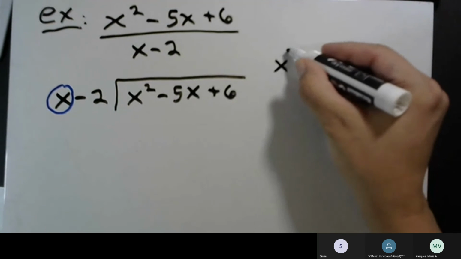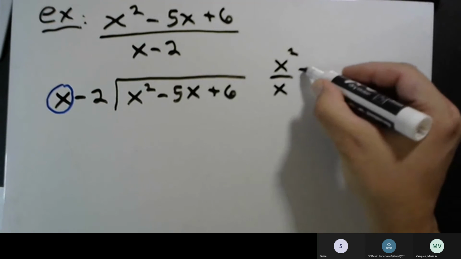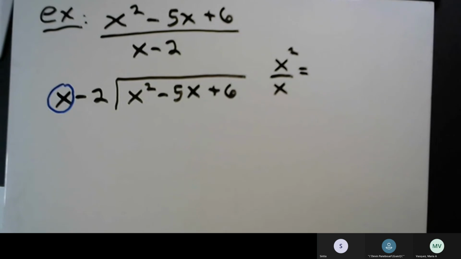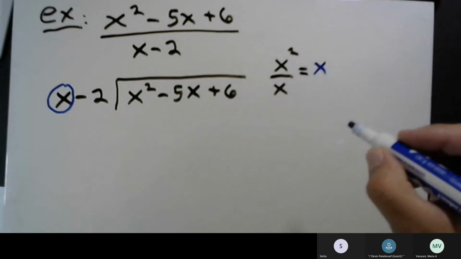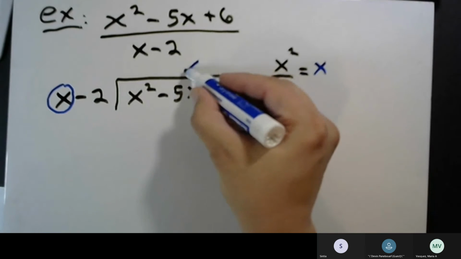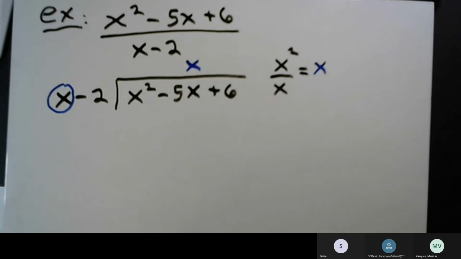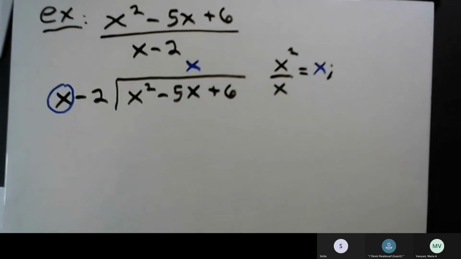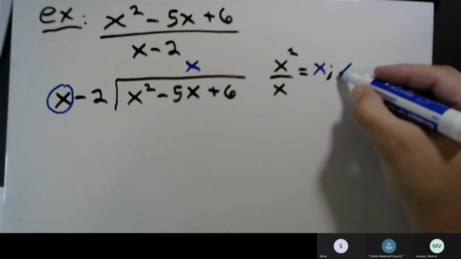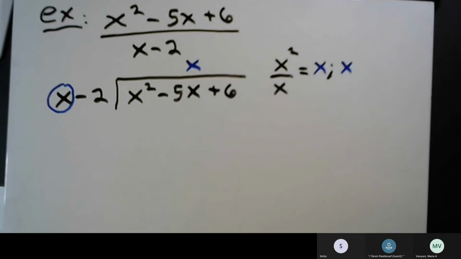So our first round, take x squared divided by x. And we're going to get a blue x. So we'll put the blue x over in the x column. This is like the x squared, the x, and the constant. And then we multiply this x times the entire thing.